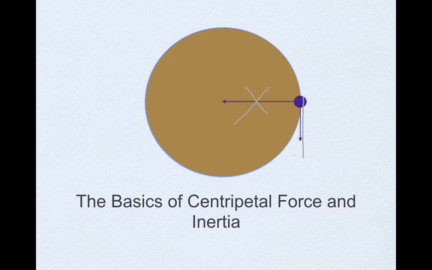So it is going to go in this direction. Back to the beginning. Again here, if this string broke, this object is going to move in this direction. One last time, we could stop this at any point in time, and that inertia arrow is going to tell us what direction that object is traveling.